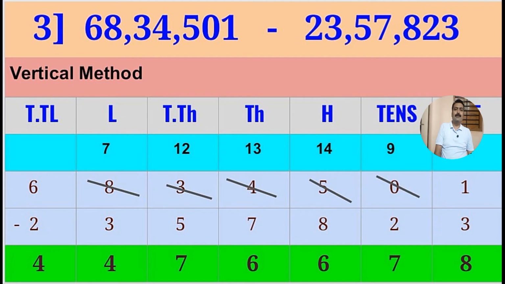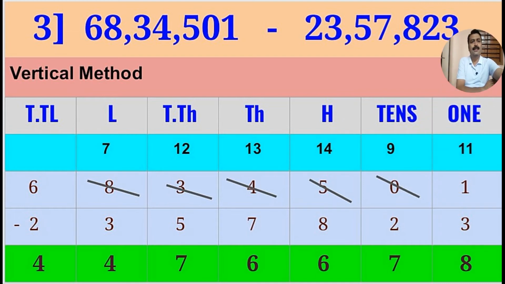The first number, 68,34,501, minus the second number, 23,57,823. So after reading these two numbers, let's move towards the proper vertical arrangement. When we observe the vertical arrangement here, we are using 7 columns.